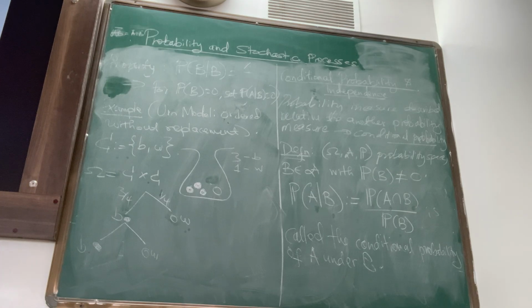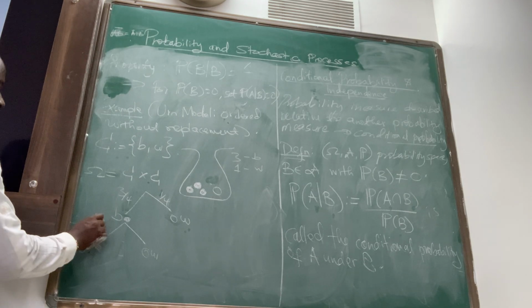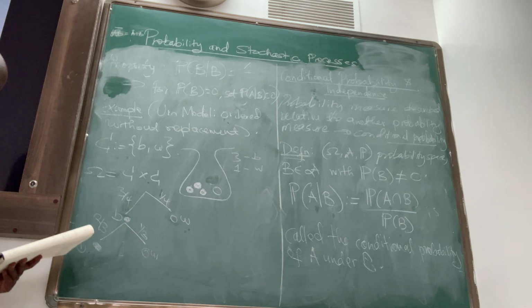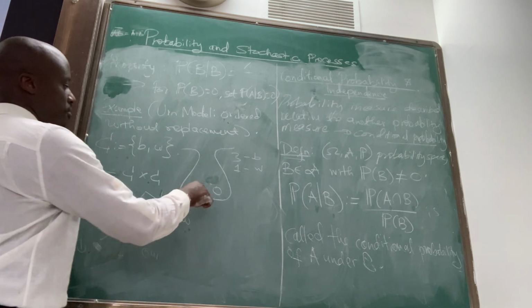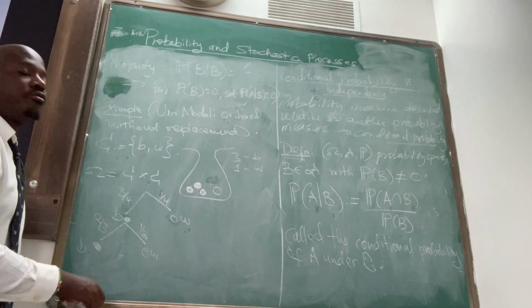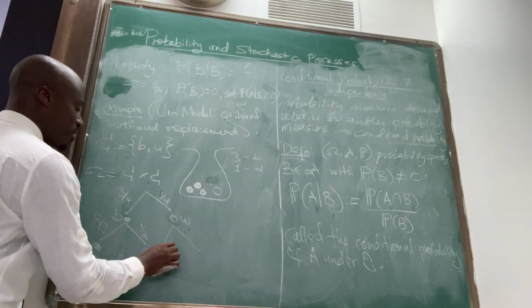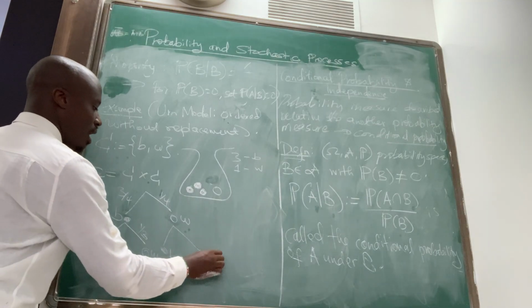So the probability of picking a black ball is going to be 2/3, and a white ball is going to be 1/3.